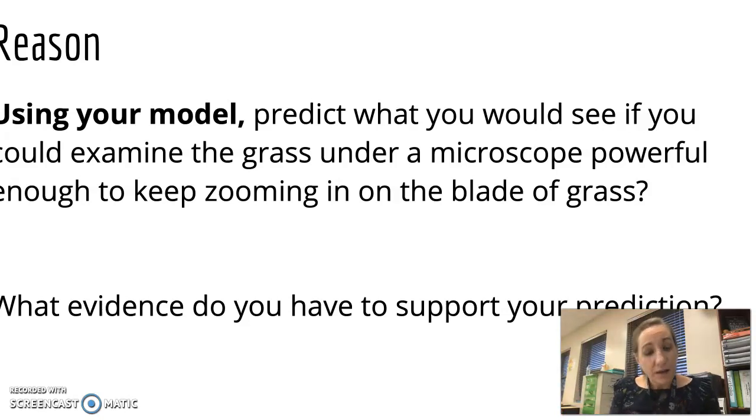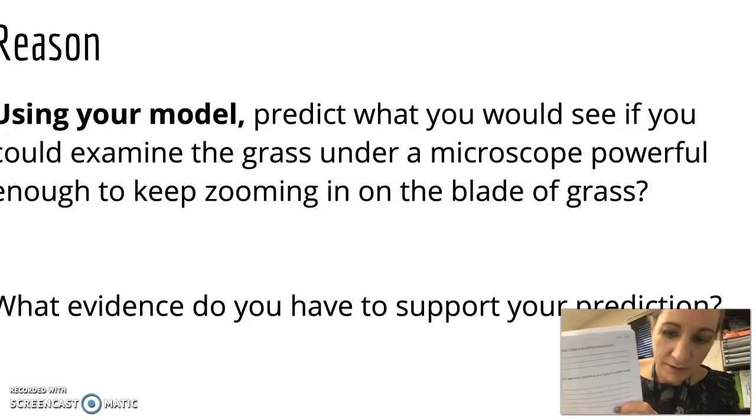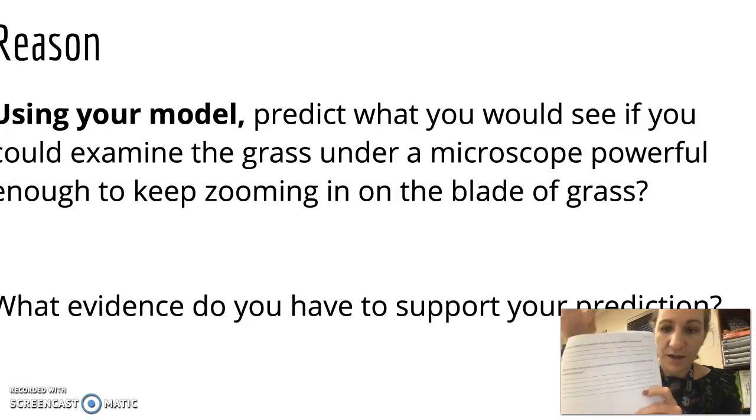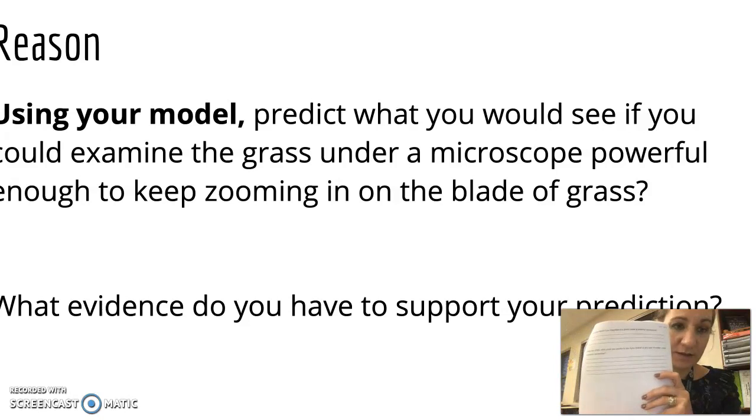And then write down what you think you would see on page 5 in your science book. Write down your prediction. What do you think you would see? And then if you zoomed in even more, what else do you think you would see?